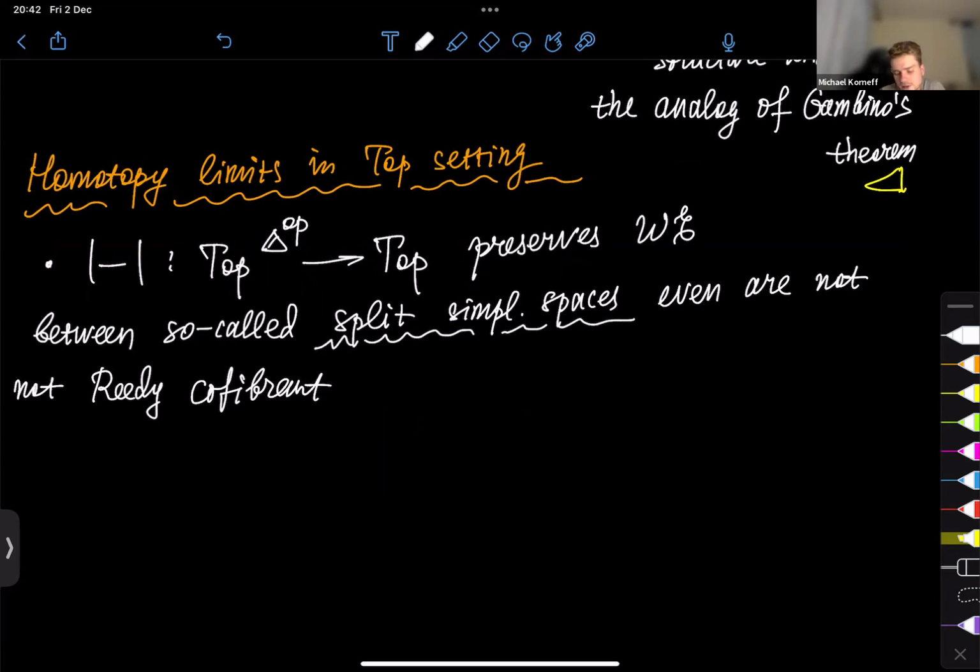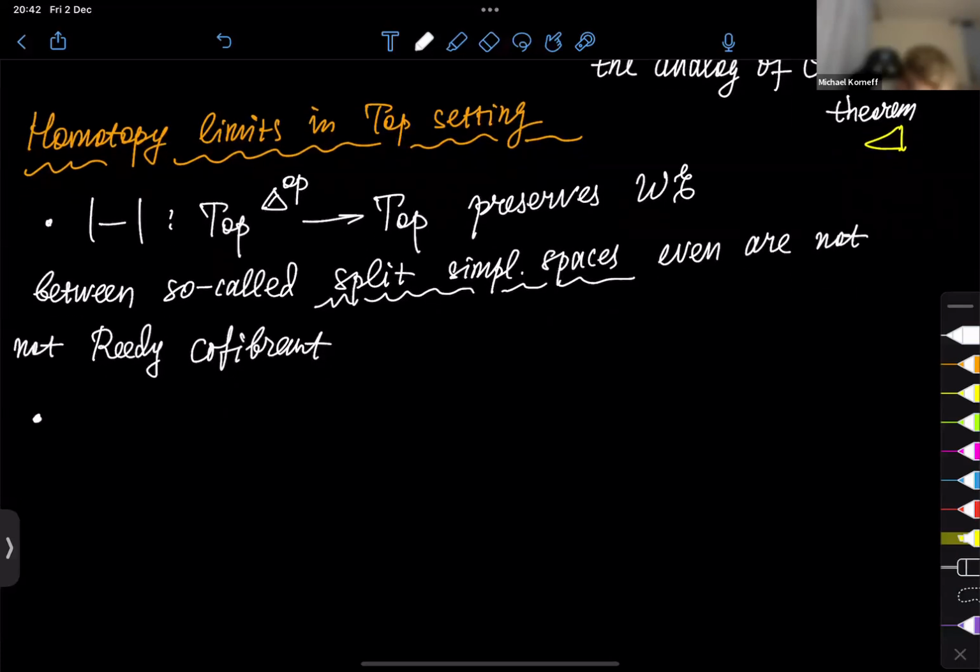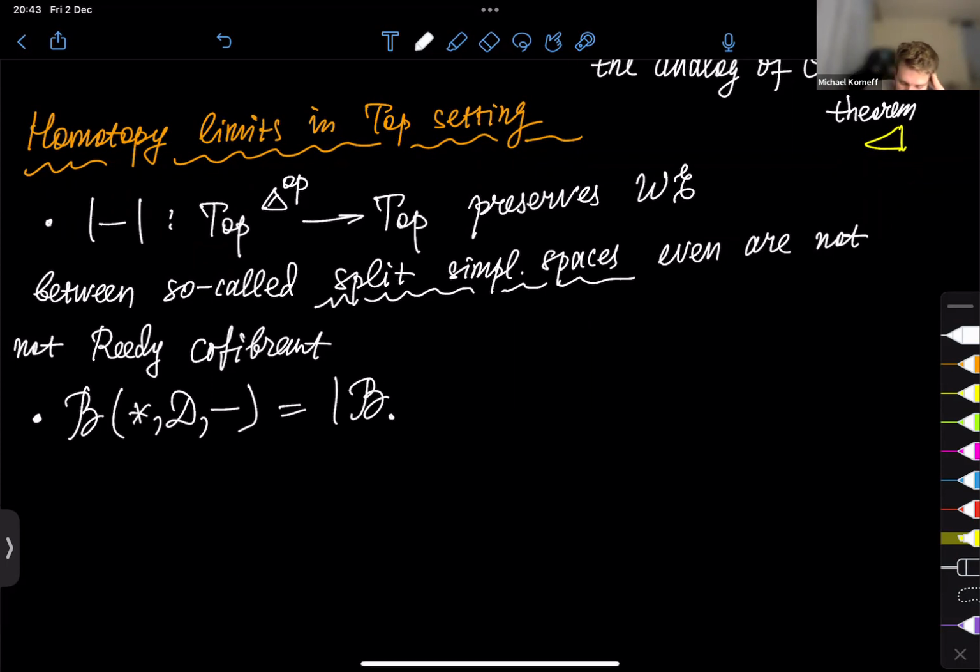Why is this fact interesting? This is interesting because in the setting of the bar construction, we know that for computing homotopy limits, we should use the bar construction, and for doing that, we know that the bar construction is just a composition of the realization functor and the bar complex functor, and we should use here the cofibrant replacement, but it turns out that we may not do so, and it's beautiful.